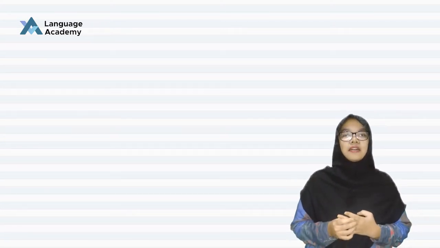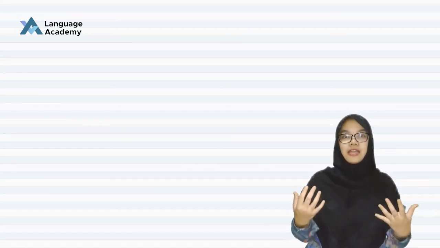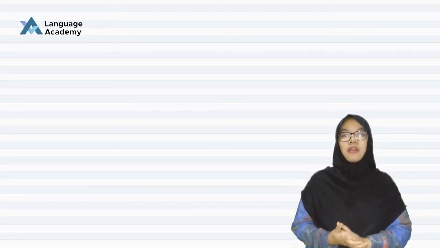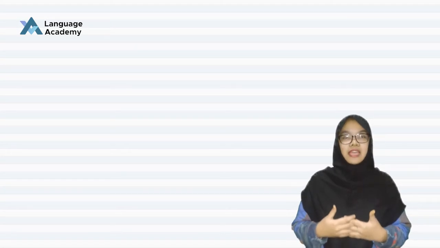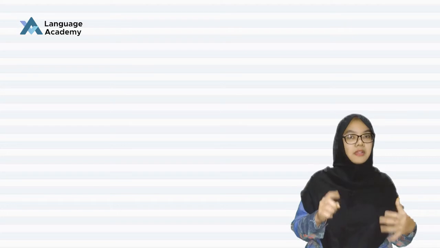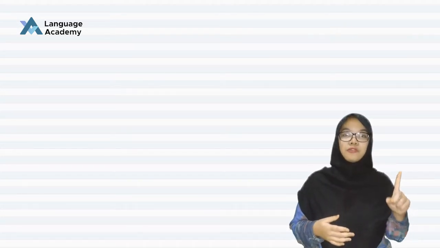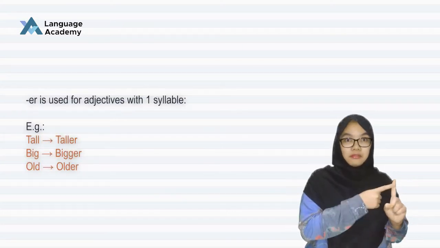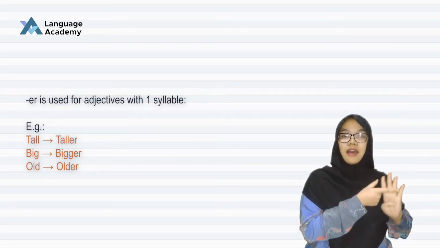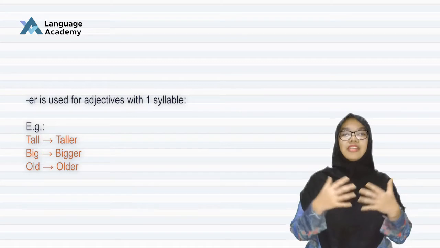So, apakah teman-teman menambahkan er atau more itu tergantung pada syllables atau suku kata dari kata-kata sifat tersebut. For example, if you are using an adjective with one syllable, kalau teman-teman menggunakan adjective dengan satu suku kata, for example, tall, old, big, hot, small, high, like that, itu semua satu syllable.